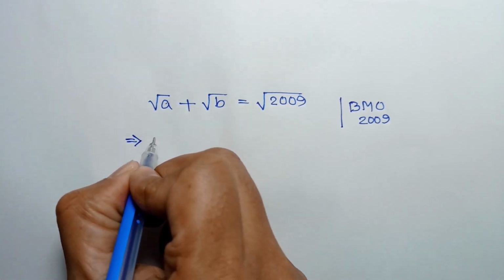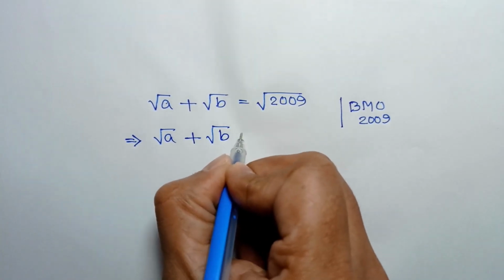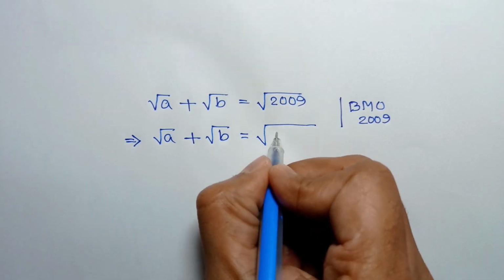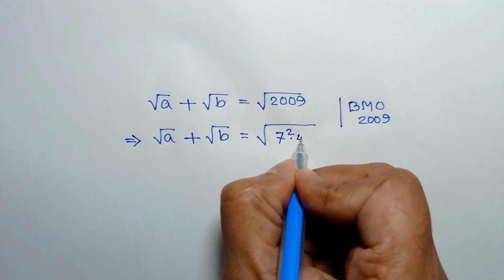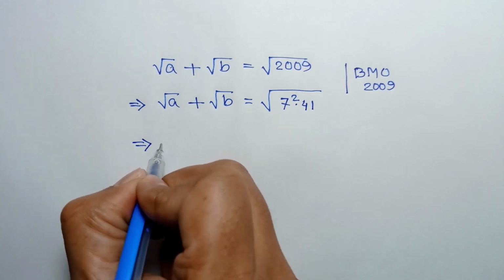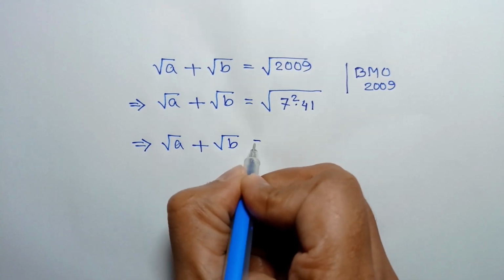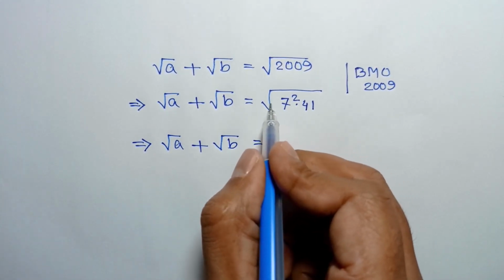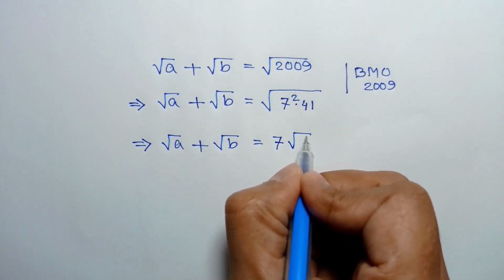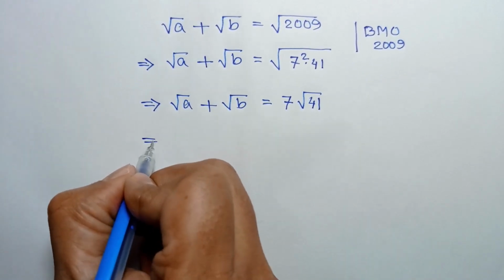Or square root of a plus square root of b is equal to square root of the prime factorization of 2009, which is 7 squared times 41. So square root of a plus square root of b is equal to 7 square root of 41, since the square and square root cancel out.